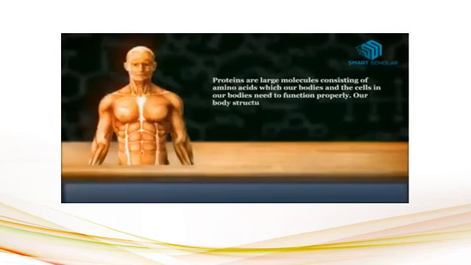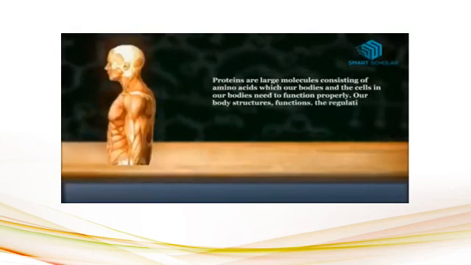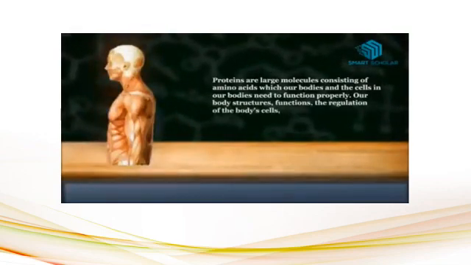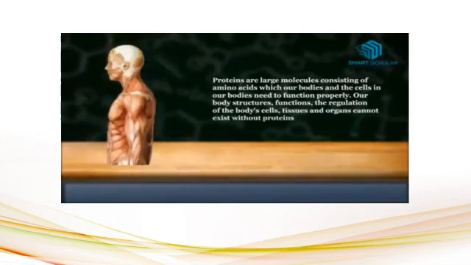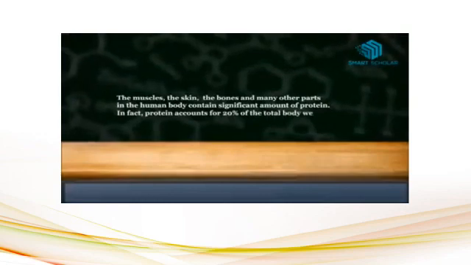Our body structure functions, regulations of the body cells, tissues, and organs cannot exist without proteins. The muscles, the skin, the bones, and many other parts of the human body contain significant amount of protein. In fact, protein accounts for 20% of the total body weight.